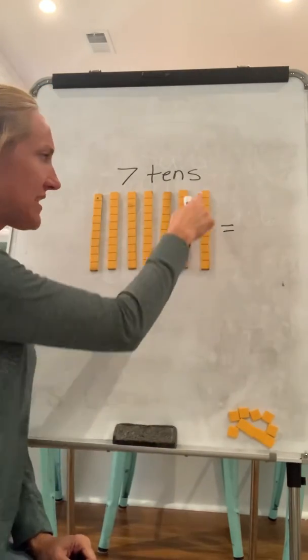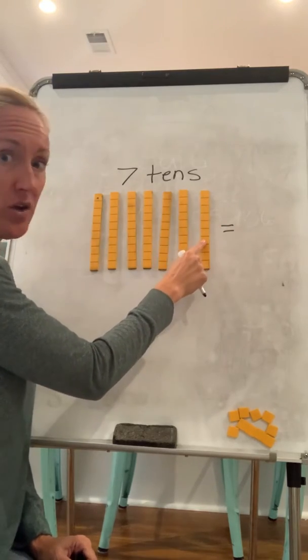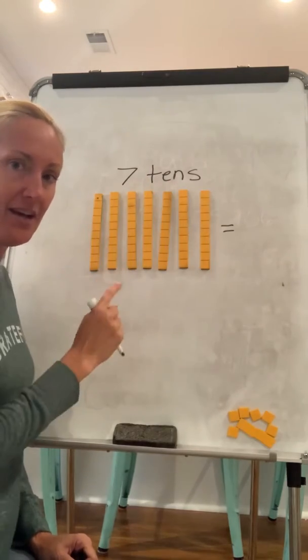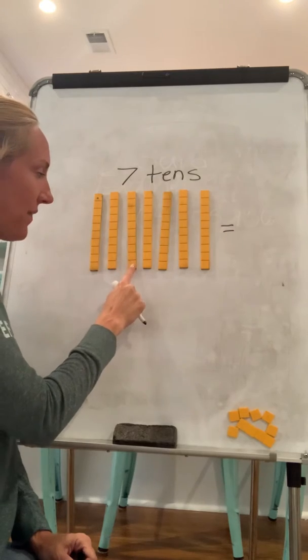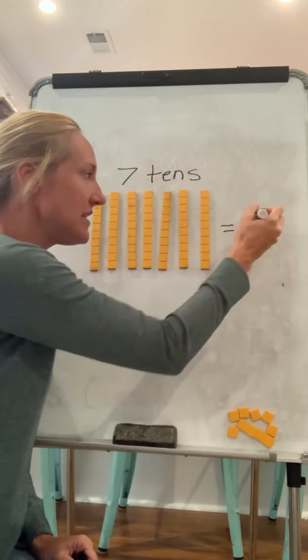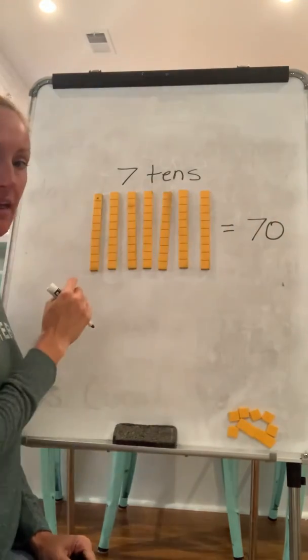Does that mean we only have 7 squares? No, we have 7 groups of 10. We have 7 tens. So we have to count them by tens. 10, 20, 30, 40, 50, 60, 70 squares. So this is 70 squares altogether.